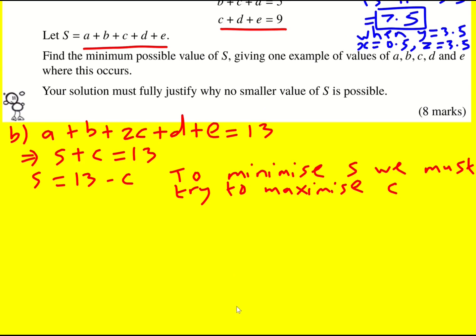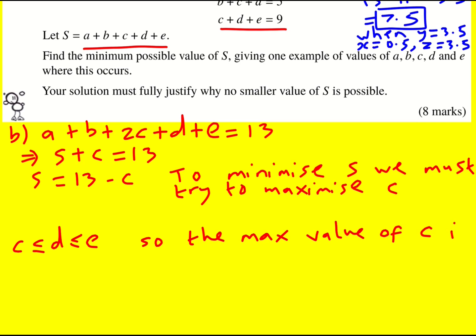I said that C is less than or equal to D, which is less than or equal to E. So the max value of C is C equals D equals E. And this implies that 3C is equal to 9.